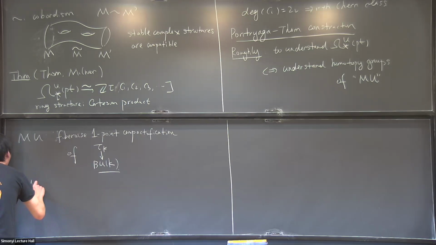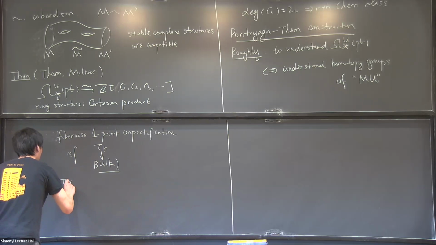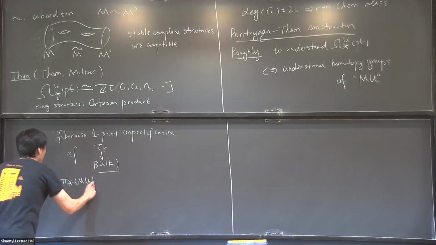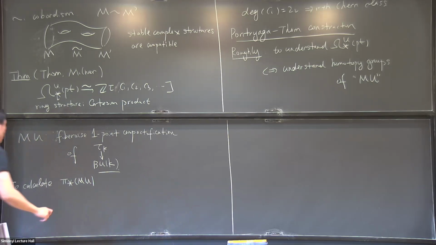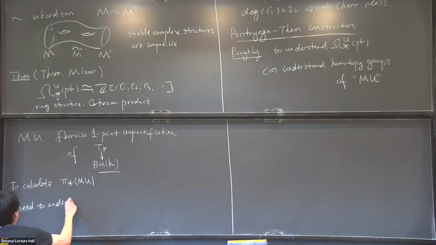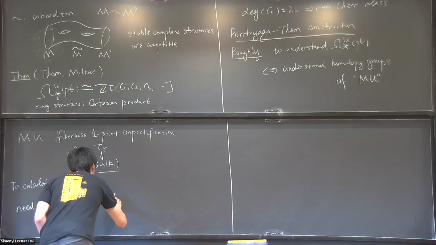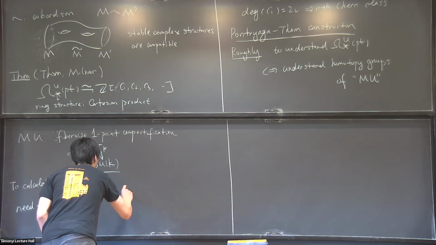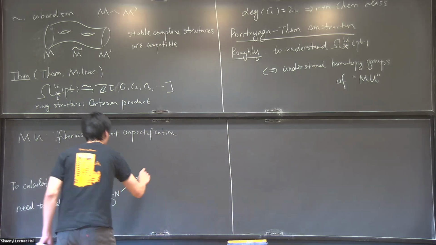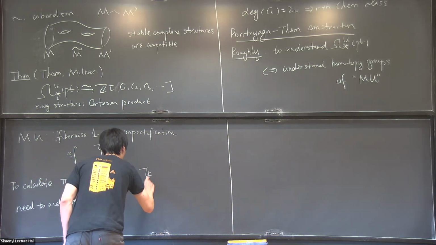To calculate the homotopy group, you need to understand maps from spheres to the Thom space.